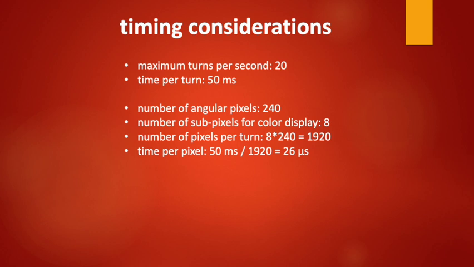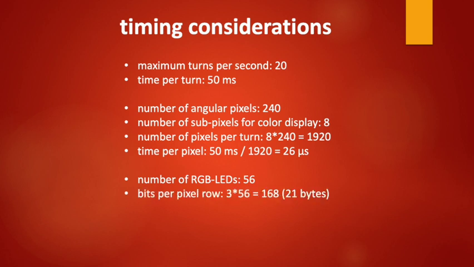Let us now compare this value with the time it takes to transfer the data to the LED controllers via the SPI interface. The starting point of the calculation is the 56 LEDs. As each color LED consists of 3 individual LEDs, 3 times 56 equals 168 bits must be transmitted per LED line.